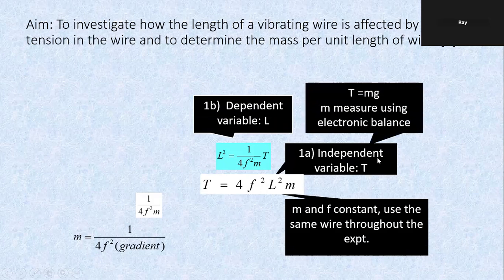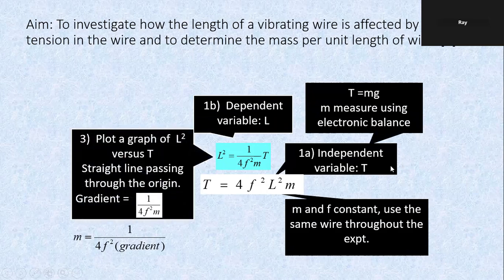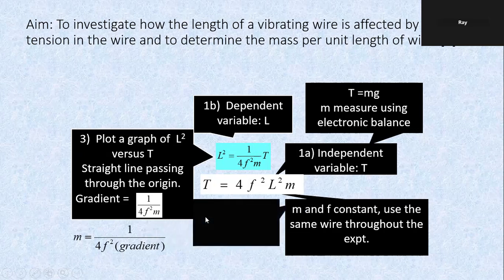And how do you determine T? T is mg. Mass is measured using an electronic balance or top pan balance. And plot a graph of L² against T. A straight line passing through the origin. There's the gradient. Right? f is determined using a CRO.